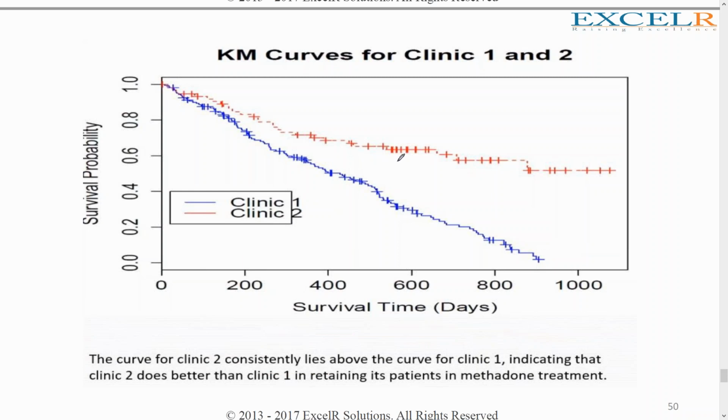Right? Because the event has changed, the analysis will also change, how we look at the curves. Because here I am able to retain the patients in my rehabilitation centers. But here there is a lot of churn rate from the patients. They are moving away. They are getting back to addiction.